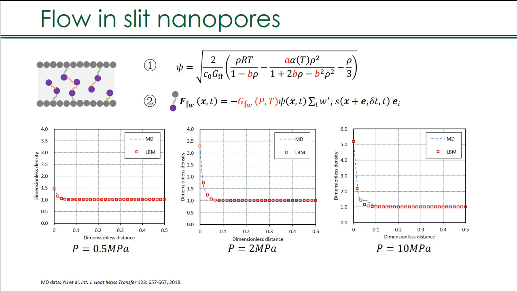And second, we adjust the fluid-wall interaction force parameter G_FW to account for the adsorption force under various pressures faithfully. The three figures on this slide show the normalized density distribution under different pressures. For clearly comparing with reference MD data, only half of the distribution is presented here.